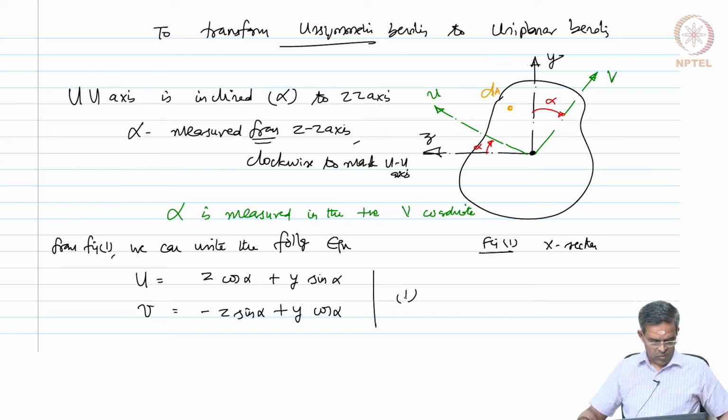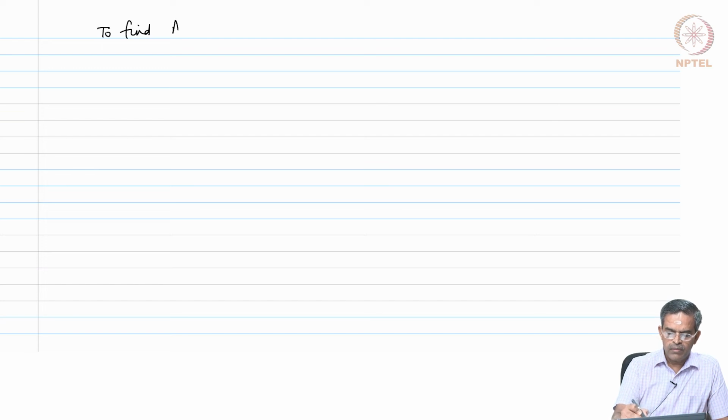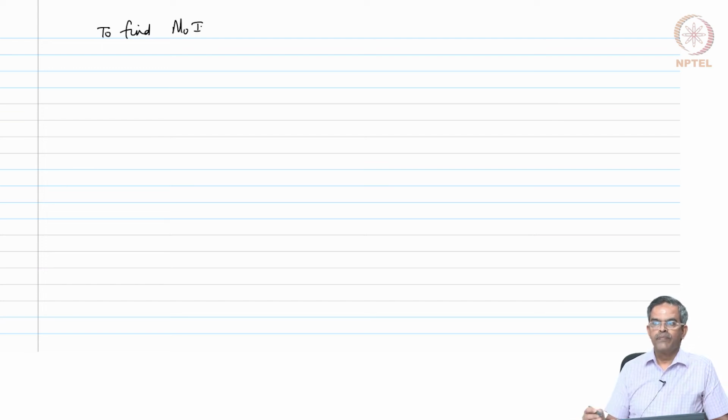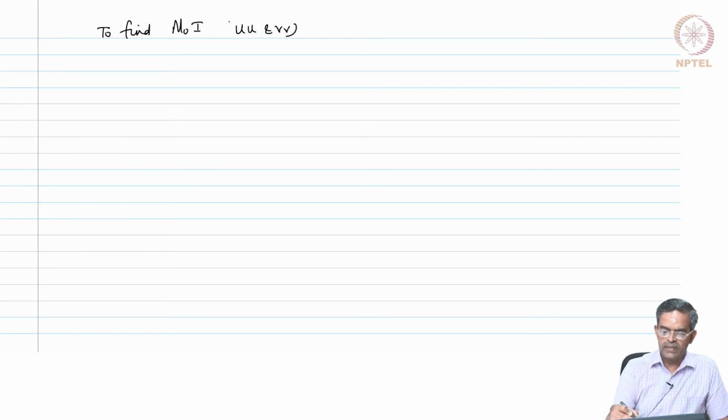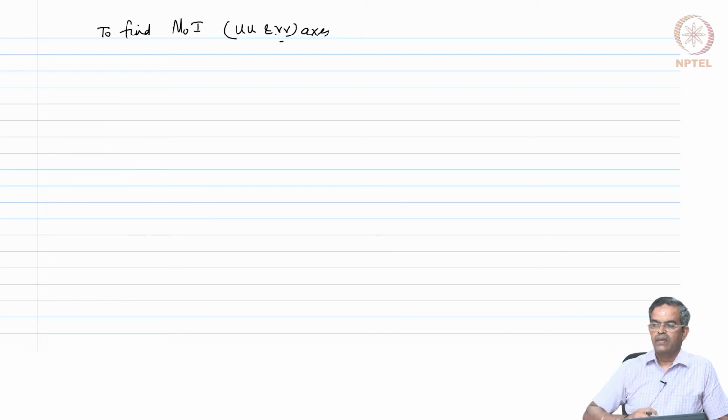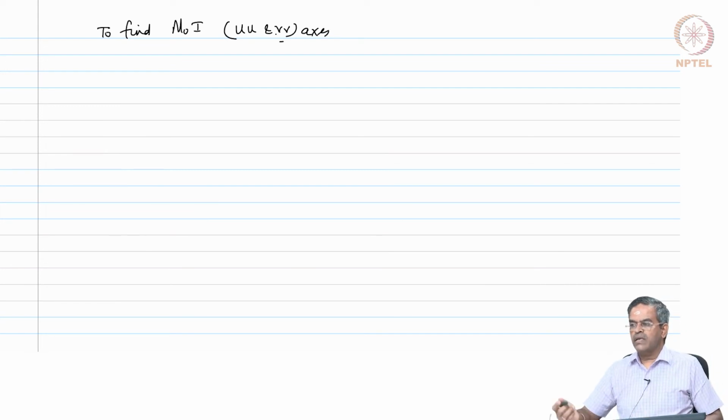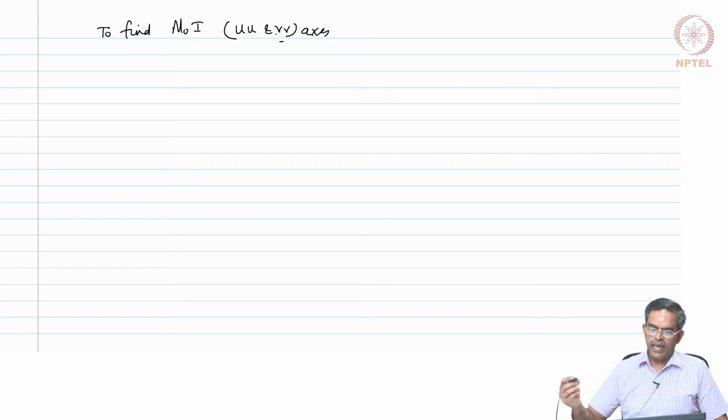Is it not? Okay. Having said this, I want to find the moment of inertia about UU and VV axis. Remember, they are inclined to ZZ and YY. So, it is not that easy to use a principal axis, parallel axis or perpendicular axis theorem to find that. Okay.